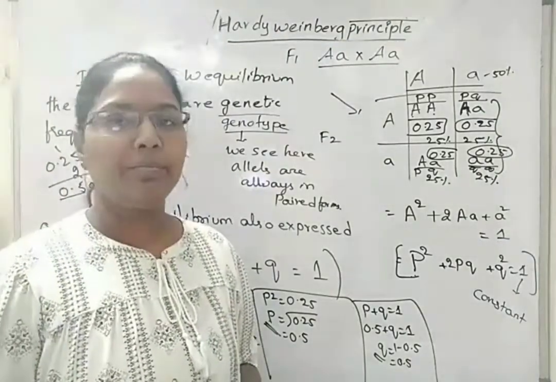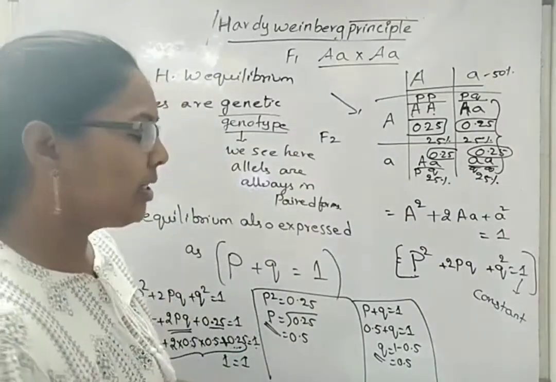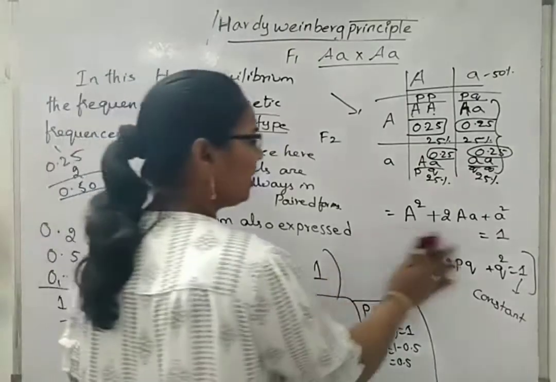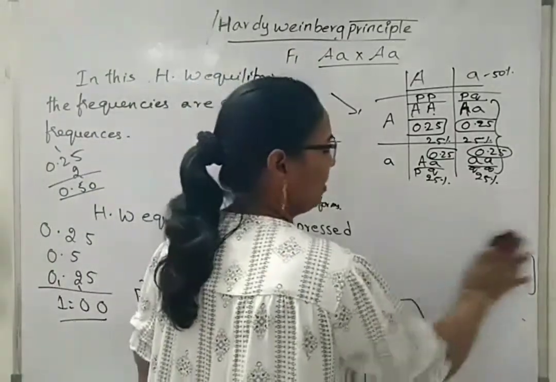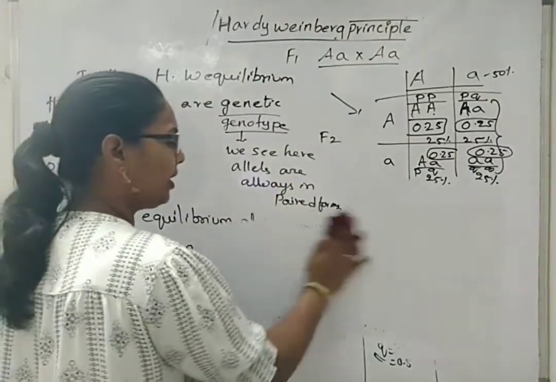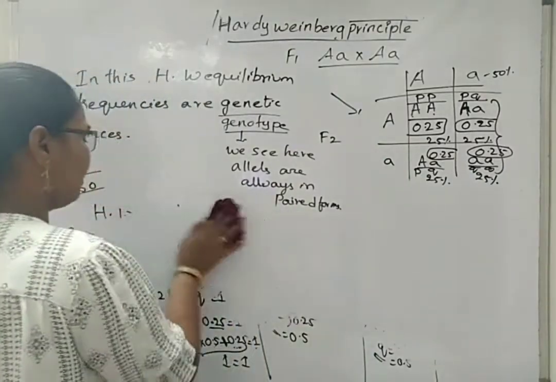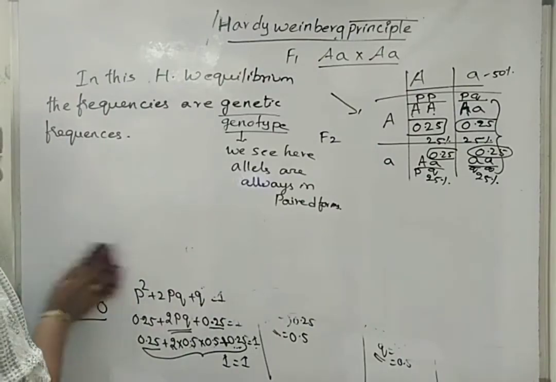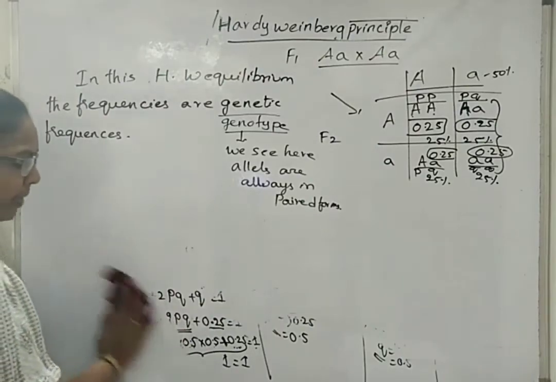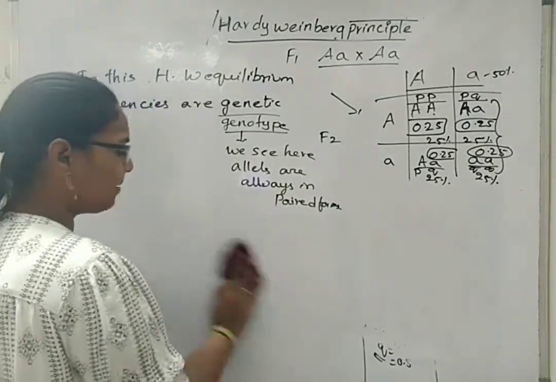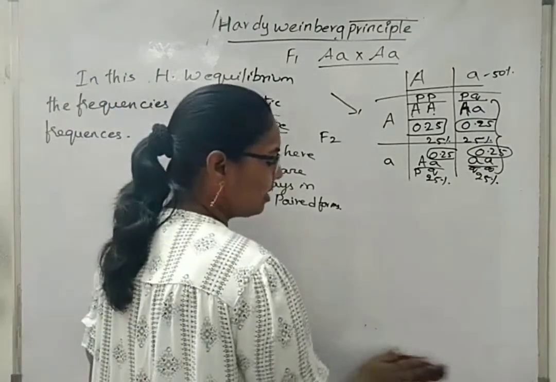Hardy-Weinberg equilibrium is having few conditions to explain all these calculations. What are those conditions? If we take a population as a sample, population should be large in number, one condition. Second thing is, mutations should not be seen in that population, because if mutations are there, then there will be change in the gene pool.